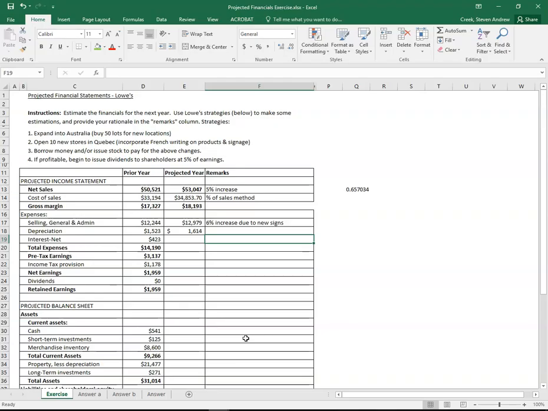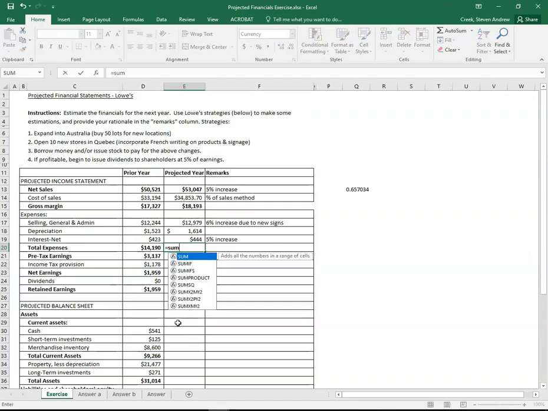So let's say 5% increase in interest. So take last year's interest of 423, multiply that by 5%. And at this point we can figure out total expenses, just sum up those three line items above. So 1537 for the total expense.